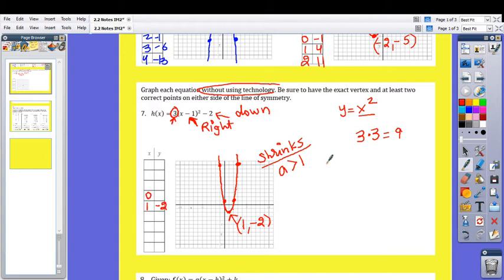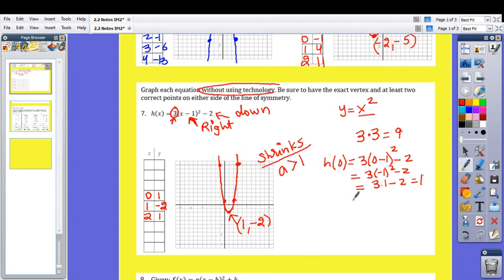So we will do h of 0 will be 3 times 0, take away 1, square of that, take away 2. So this will be 3 times -1 and square of that, which will give you just 3 times 1, take away 2, which is just 1. Okay. So then this is 1 and this is 1, and this is 2, which we figured out. Now let's do the next one.